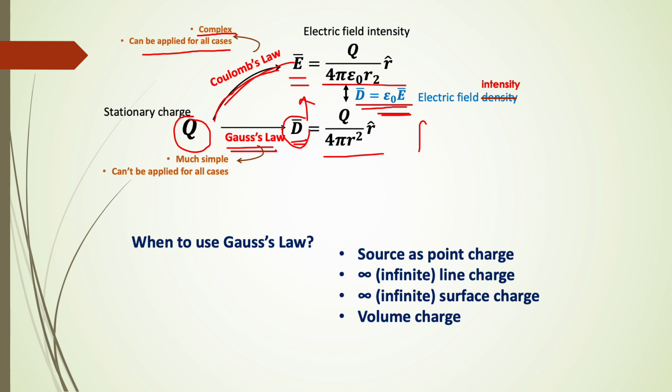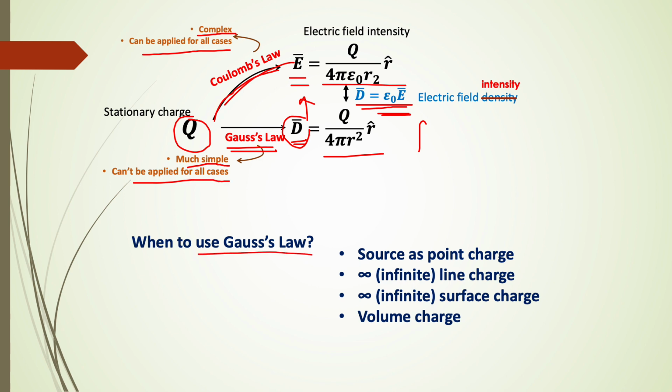Later we can see that the calculation of Gauss's law is much simpler compared to Coulomb's law. However, it is not able to apply for all cases. There are rules to use Gauss's law.